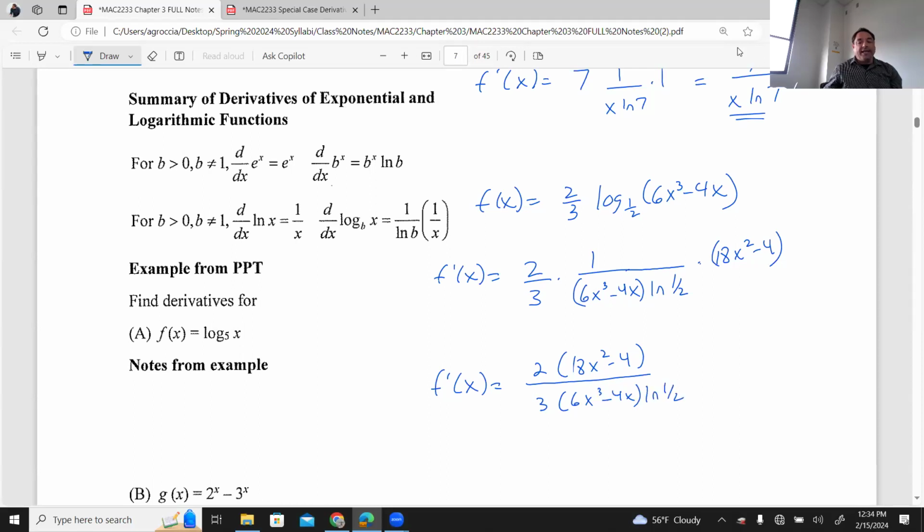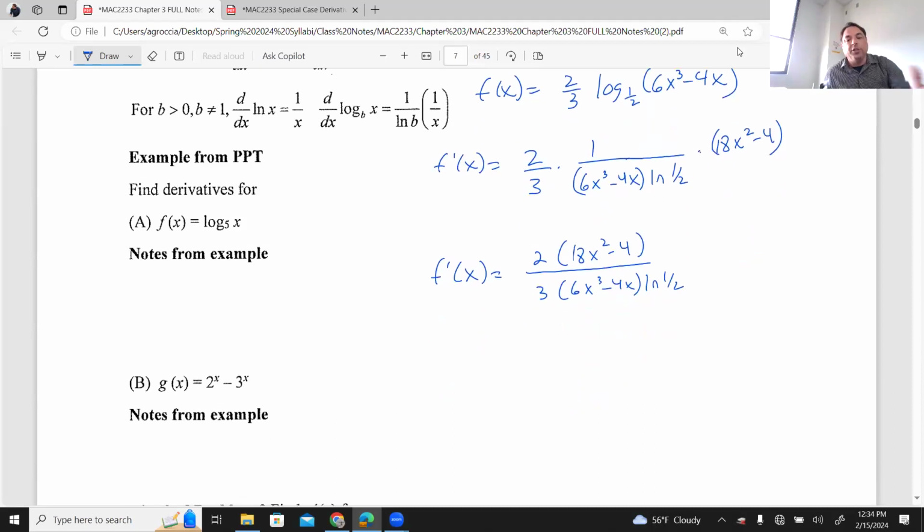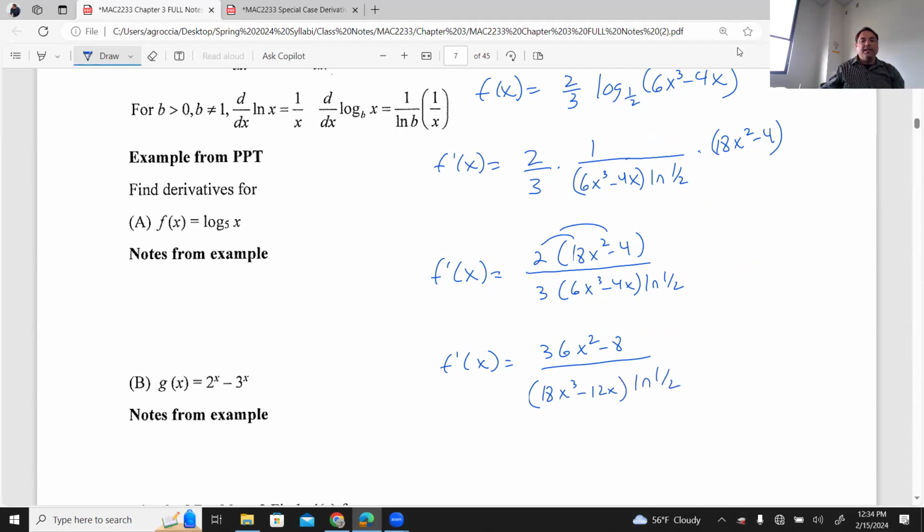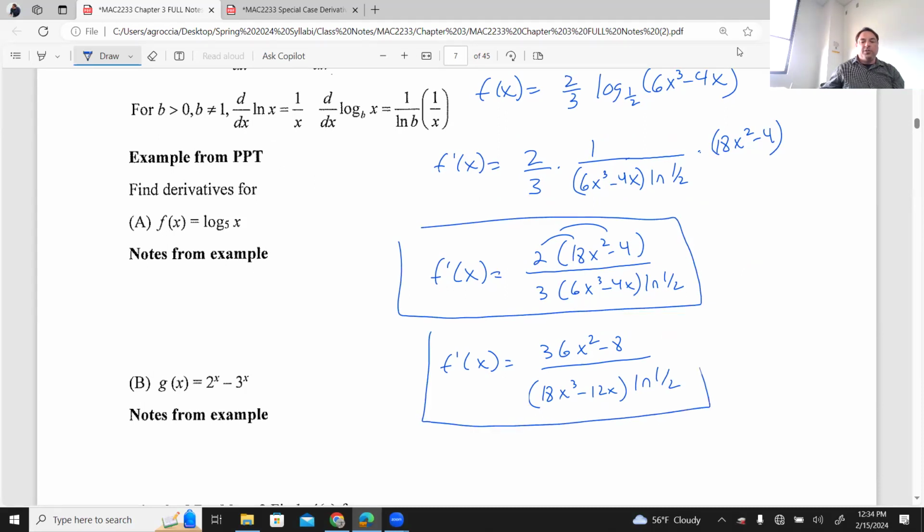Now again, you can totally leave it like that. No problem. Or if you want to distribute the 2, you get 36x squared minus 8 over, in parentheses, 18x cubed minus 12x, in parentheses, ln of a half. Okay? Either one is fine. Either one is correct.